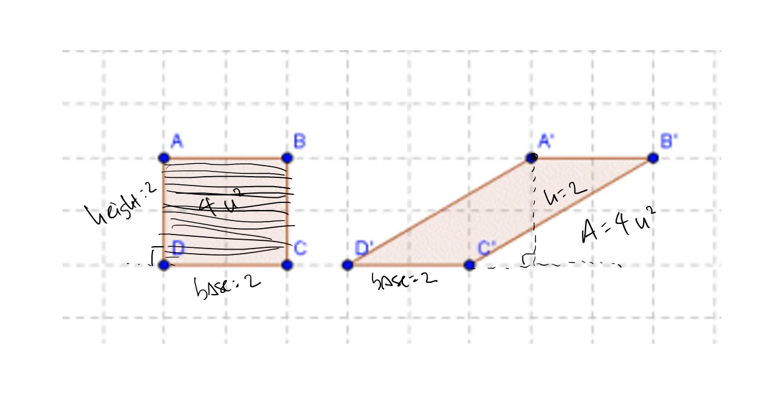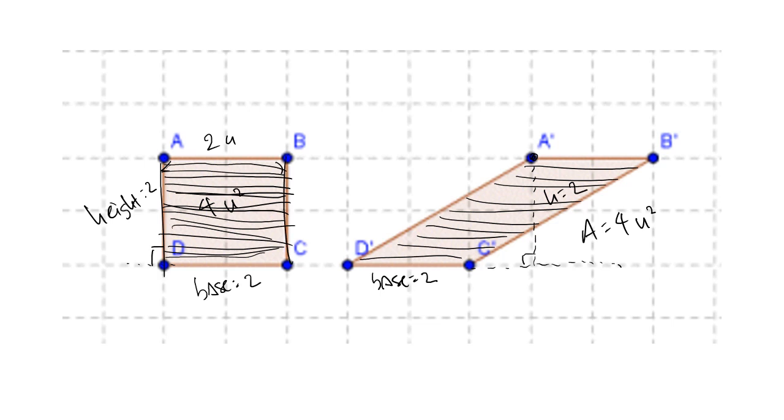And then if we were to take all of these slices and sort of move them over, we can see how all of these slices are 2 wide. They're 2 units wide from here to here. And in the square, that's really easy to see because these two sides are perpendicular and they're moving straight up and down. And so it's pretty obvious that all of these slices are 2 units wide.